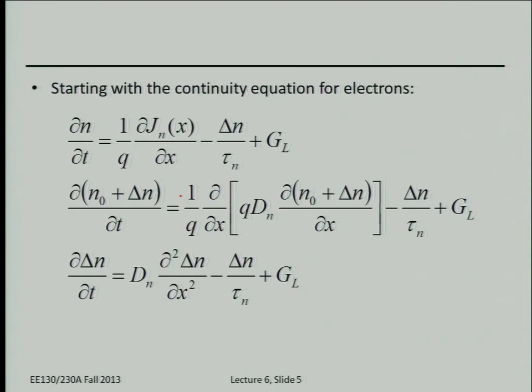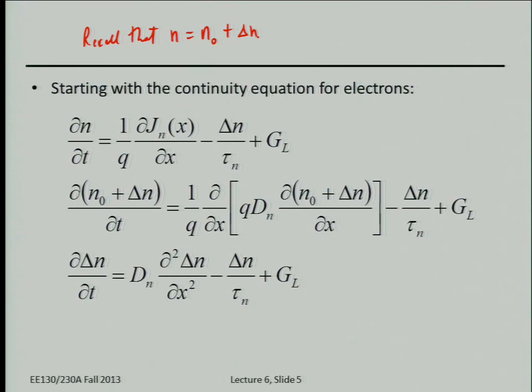Okay, so just in bold, these are the simplifying assumptions. Let's derive the minority carrier diffusion equation, making those simplifying assumptions. We start with the continuity equation for electrons, the same as the slide with the box equations. One thing to remind you is that n is equal to the equilibrium concentration plus the excess concentration.